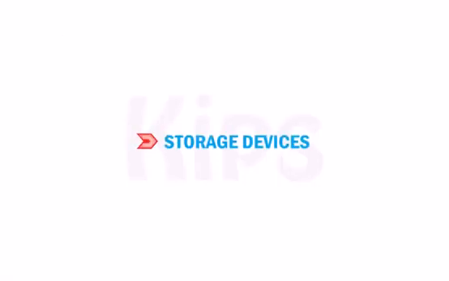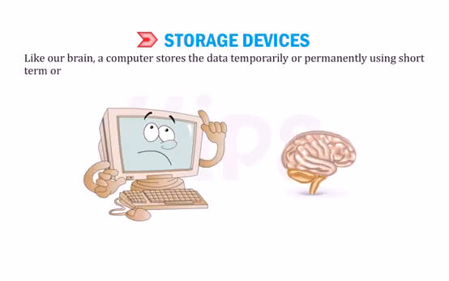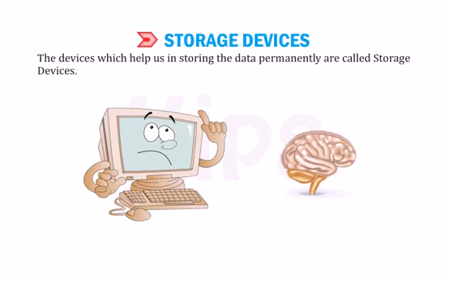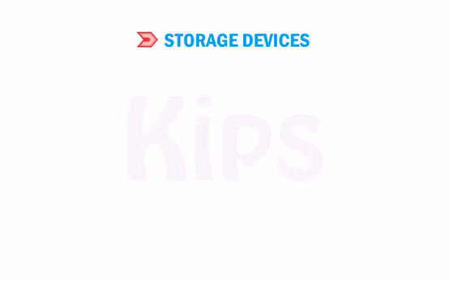Storage devices. Like our brain, a computer stores the data temporarily or permanently using short-term or long-term memory. The devices which help us in storing the data permanently are called storage devices. We can retrieve the data from these devices whenever needed. Let's first discuss bits and byte.